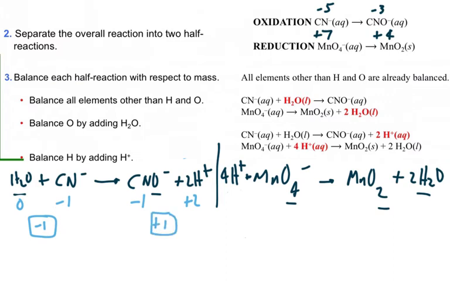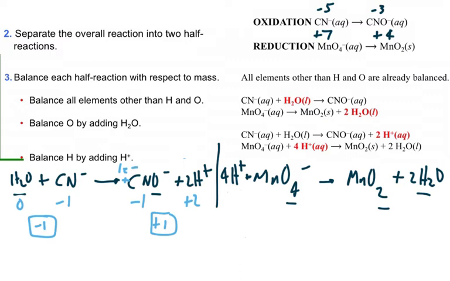So you want to add electrons to the more positive side. So we're going to add an electron to the product side. And I know I don't have a lot of room here, so I'm going to add 1 electron over here. I'll rewrite that later on, but I am going to add an electron over on this side here.